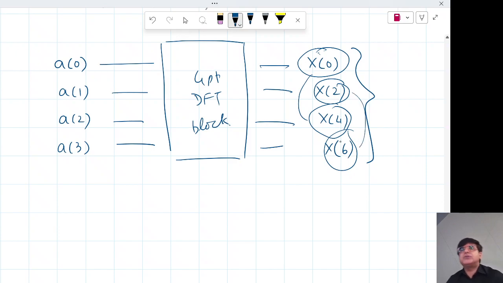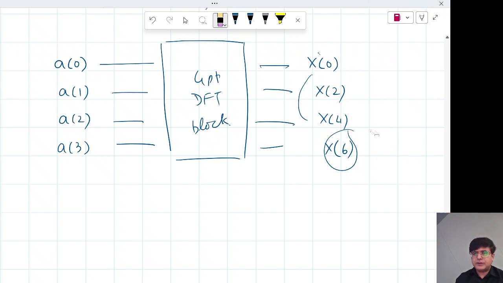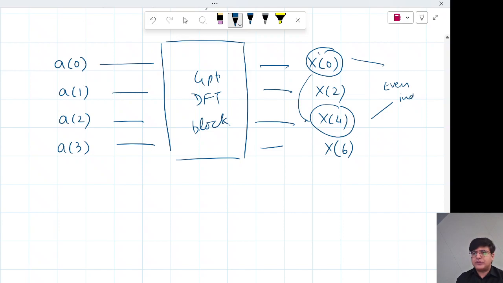So coefficient number 0 and coefficient number 2 are the even index coefficients, and these ones are the odd index coefficients.